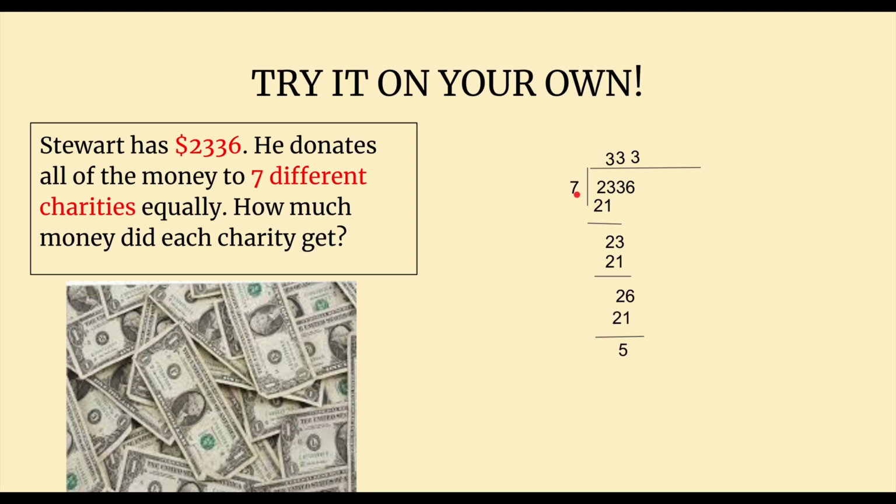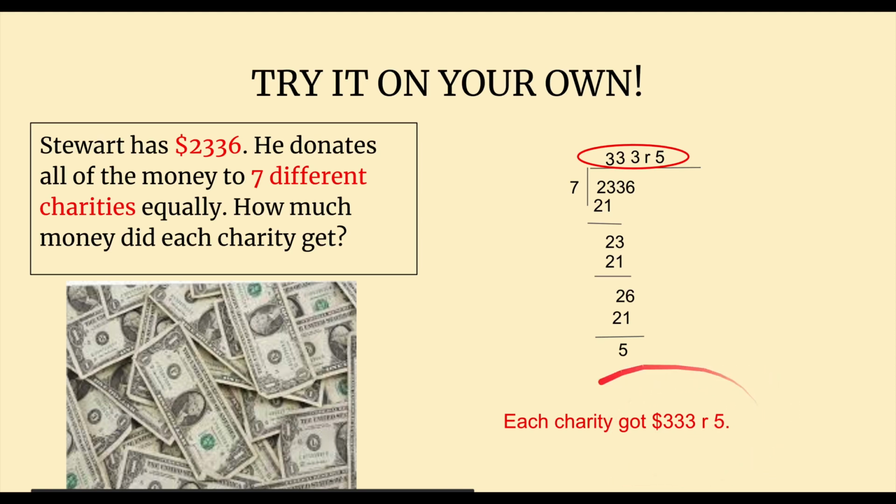Now, if you notice, 7 can't go into 5 anymore, so this is your leftover number, which means it's your remainder. So that's your final answer. So each charity got $333, remainder 5. Okay? Later you could do it with decimals, so it's going to be more accurate, but this is just to get the concept of it.